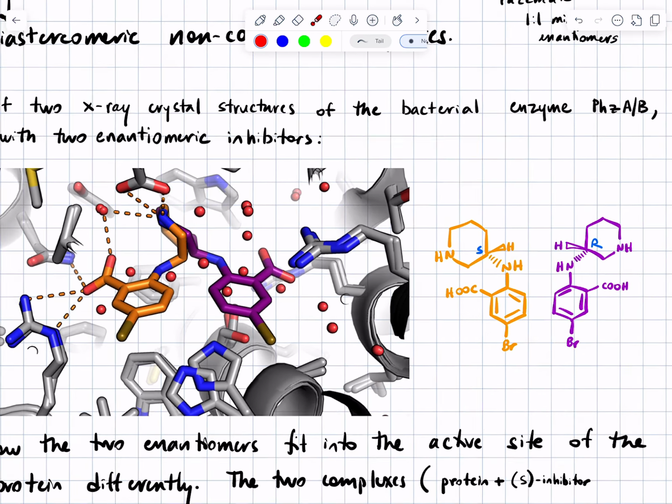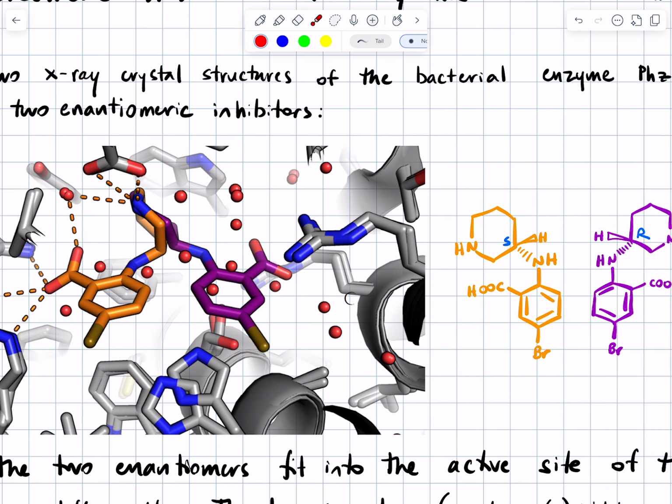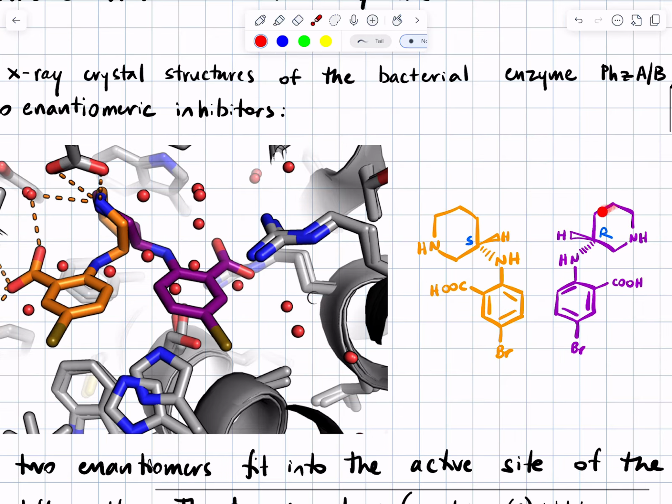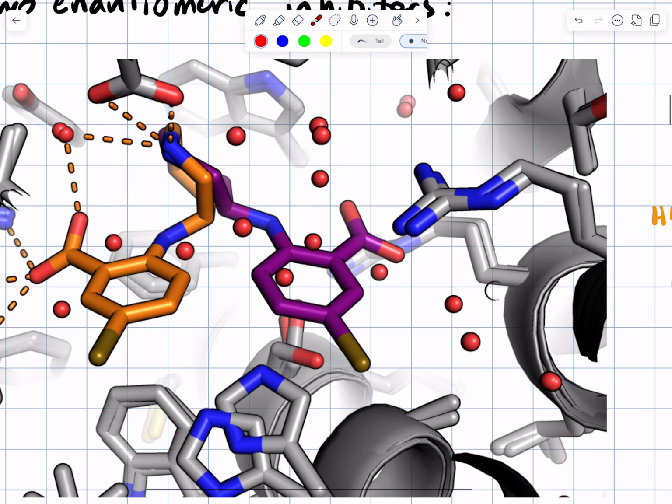What I do want you to focus on is the fact that these two enantiomers bind the same protein differently, okay? The portion up here is this six-membered ring with the nitrogen in it. And you can see that that portion overlays for both of the enantiomers. That portion binds in the same spot. But you can see that the rest of the molecule for the purple enantiomer juts out to the right.